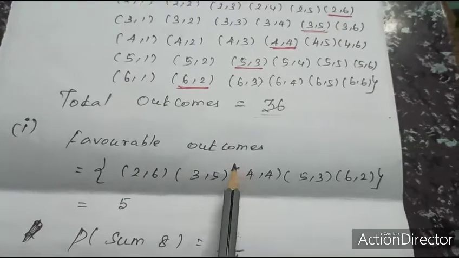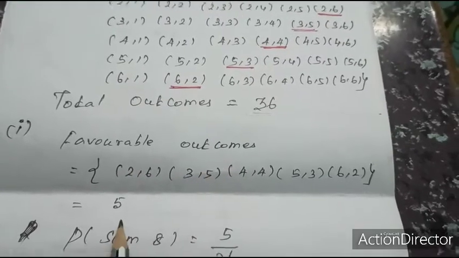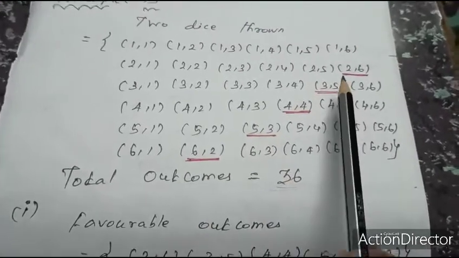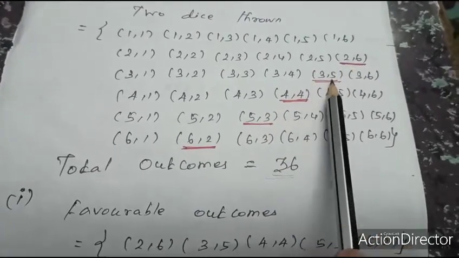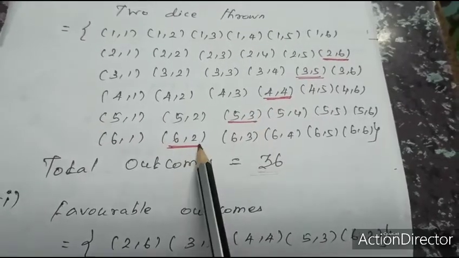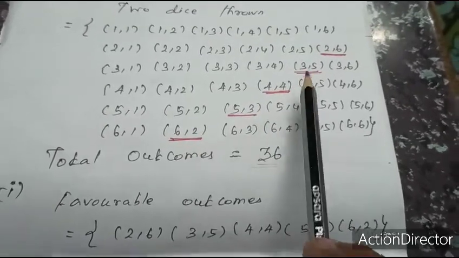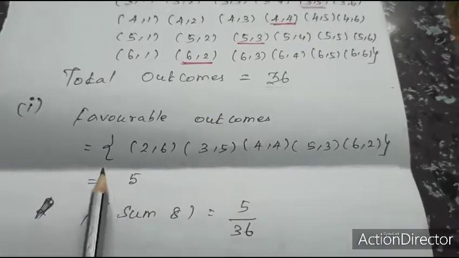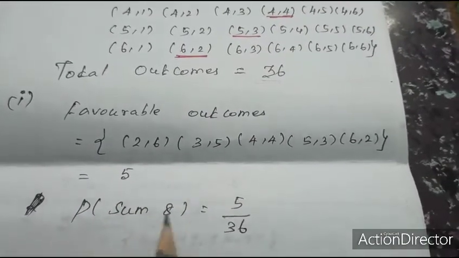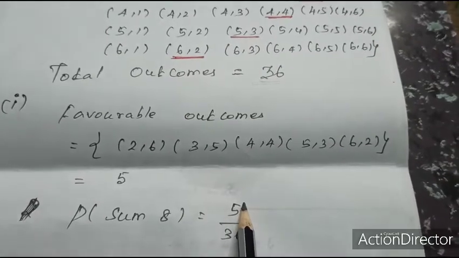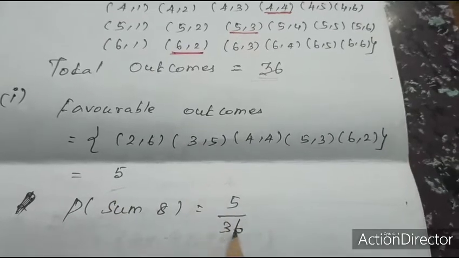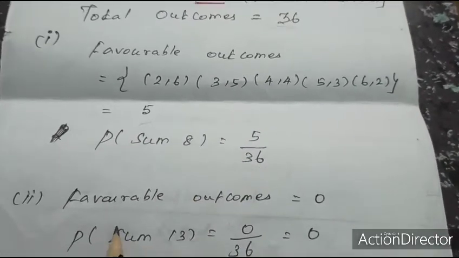Favorable outcomes for the first question, where the sum is 8: 2,6; 3,5; 4,4; 5,3; 6,2. Only 5 values. Therefore the favorable outcomes are 5, and the probability of sum 8 equals favorable outcomes by total outcomes, 5 by 36.